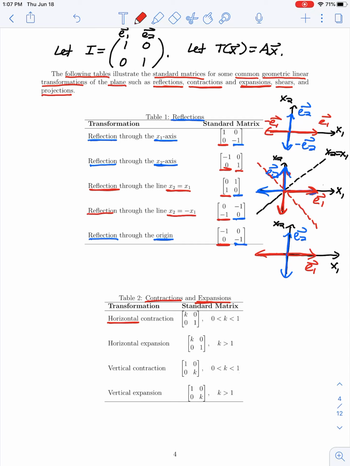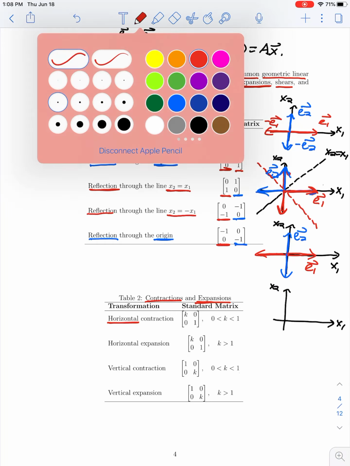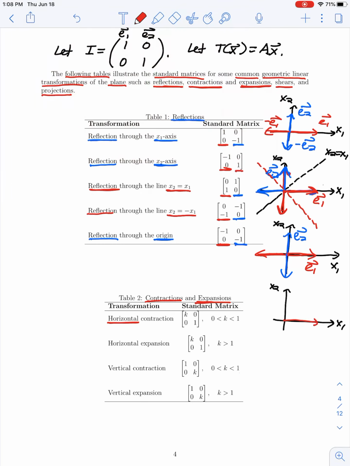So our first basis vector, E1, let me sketch it here, would be mapped to, so this vector is (1, 0), and it is mapped to a vector (k, 0), where k is some constant between 0 and 1. So we're shortening the length of that vector. It gets mapped to some vector which is a fraction of the length of E1.